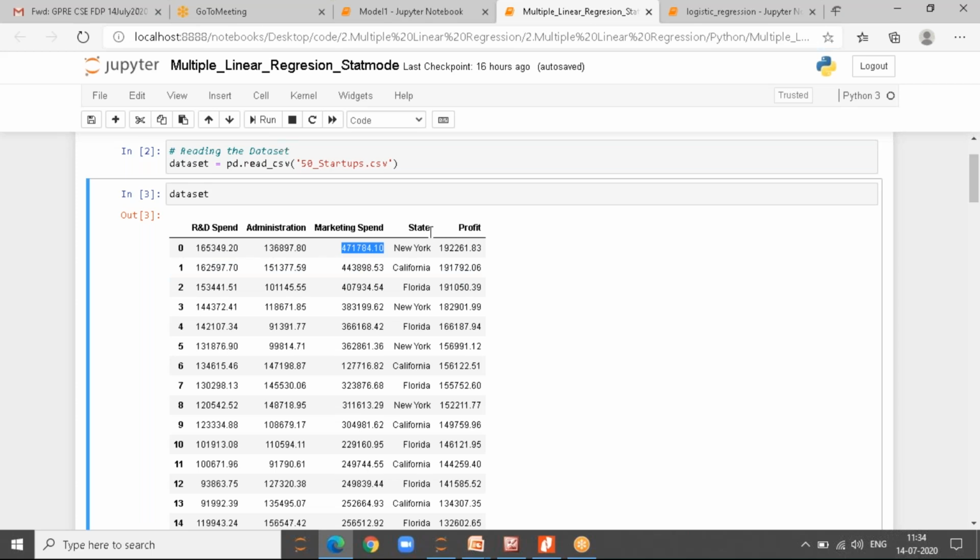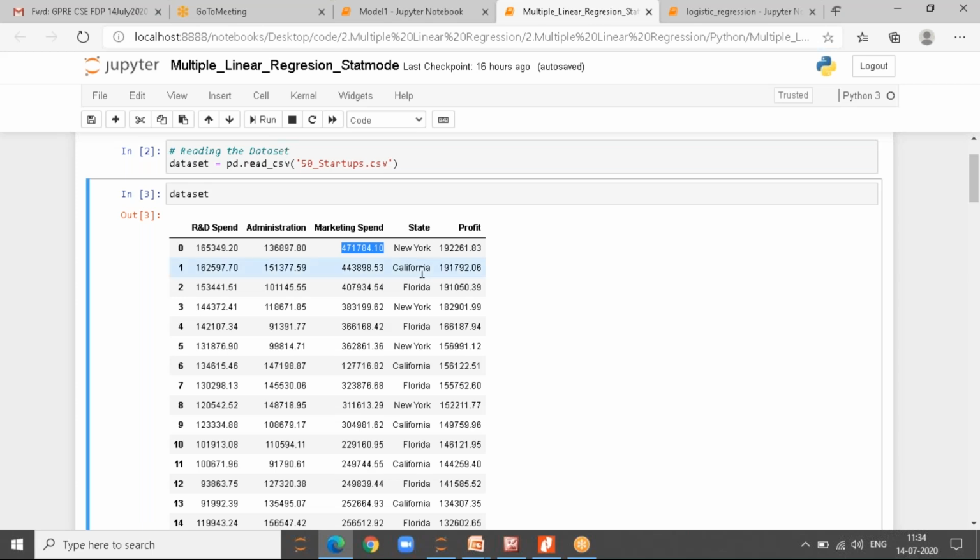In all the remaining cases, we have numericals, no problem. We can directly multiply or do additions, calculations, and all. But with the state, we need to explicitly focus on it.